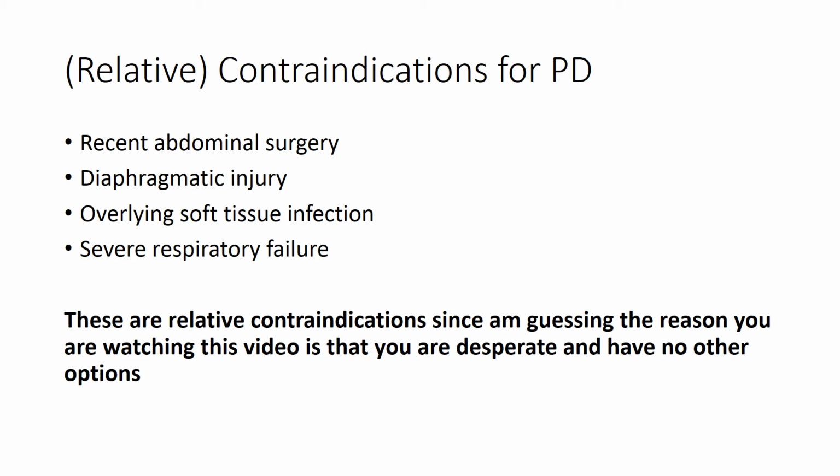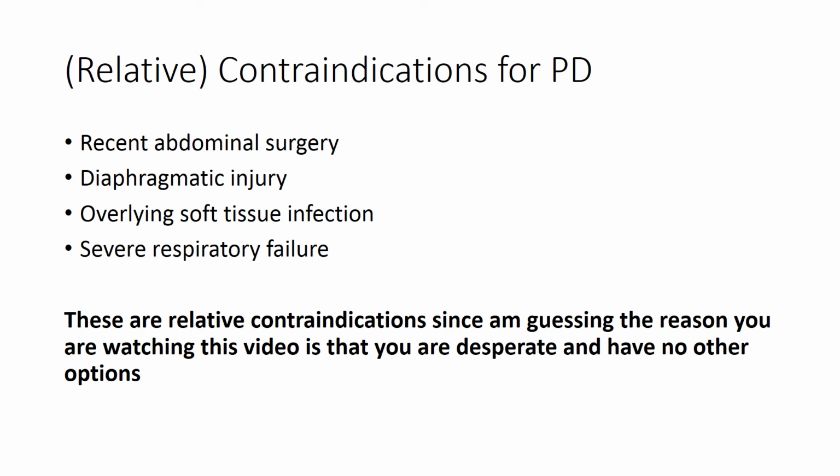So we have often had to perform peritoneal dialysis in patients who are post-op and so have had recent abdominal surgery. We've often had patients with soft tissue infection in the abdominal wall, and yet we had nothing else that we could use, so therefore we used peritoneal dialysis.